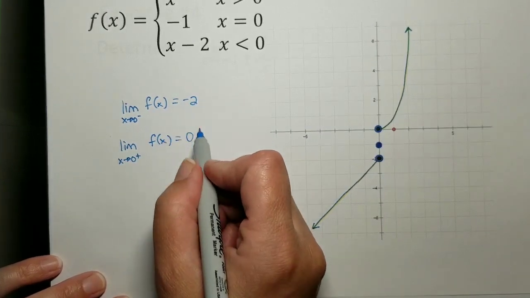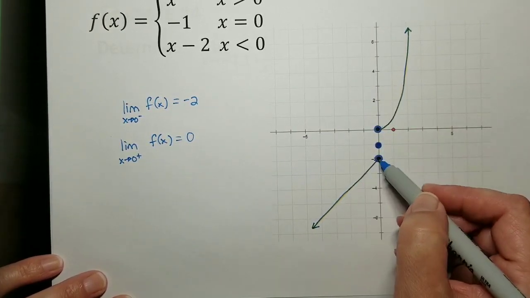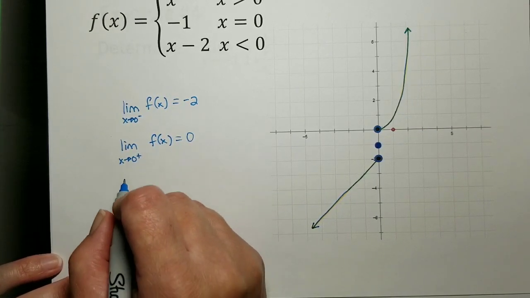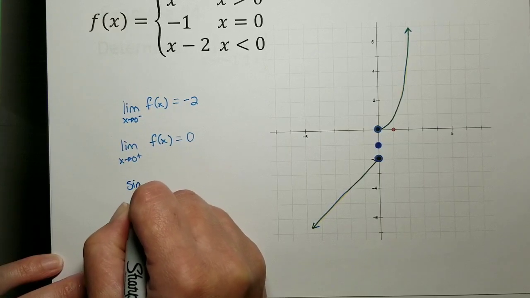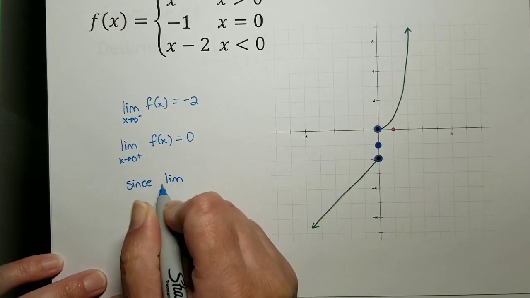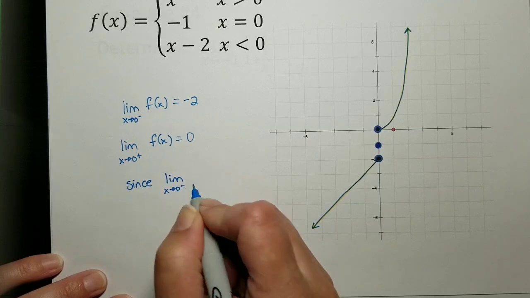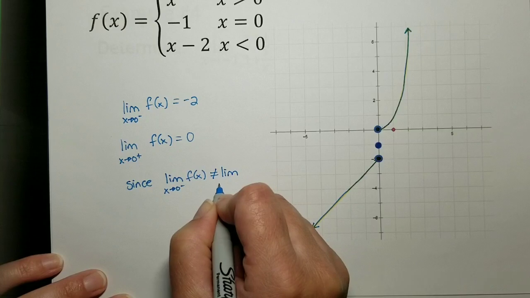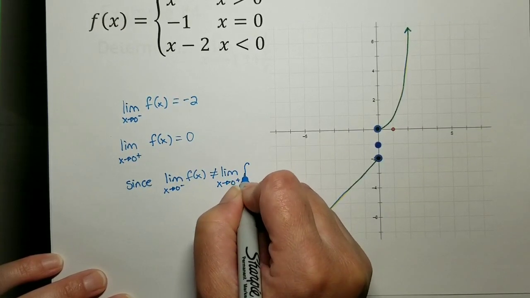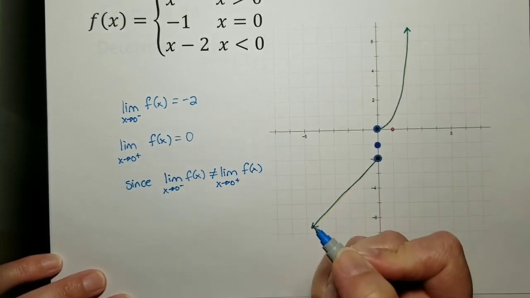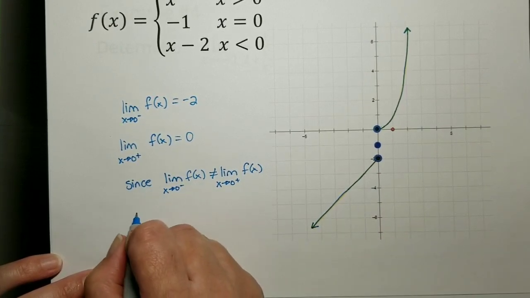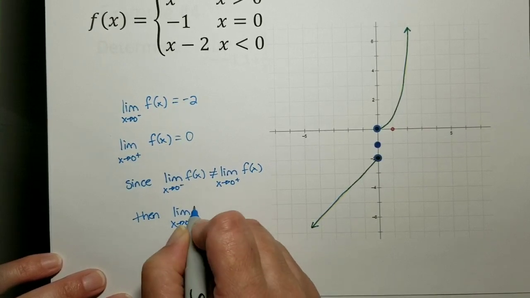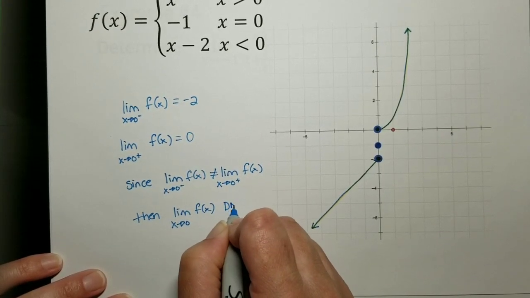Okay, so obviously these are different. It's approaching different values from one side or the other side of 0. So we could say, since the limit as x approaches 0 from the left of f(x) is not equal to the limit as x approaches 0 from the right of f(x), then the limit as x approaches 0 of f(x) does not exist.